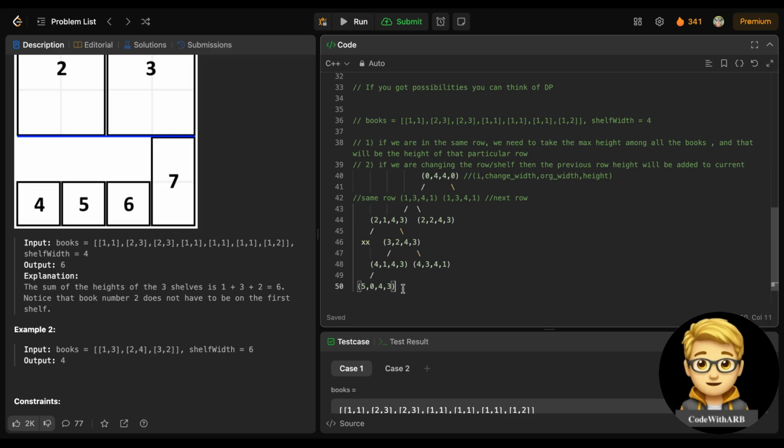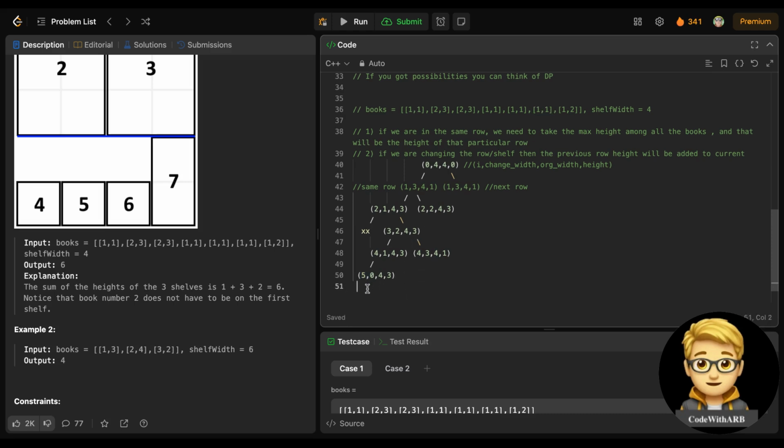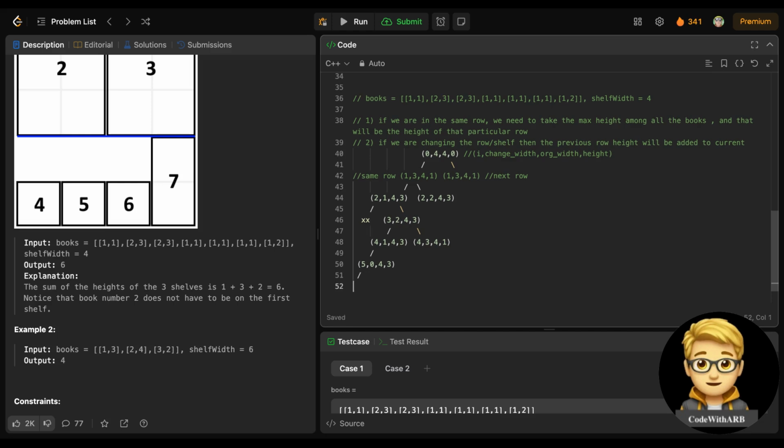But for 6 we can't place it in the same row, so that would be negative, but we can place it in the next row, right? So that would be 6. If we place it in the next row, the changed width becomes the original width. So 4 minus 1, which is 3, and this is 4, and the height will be 1, right?